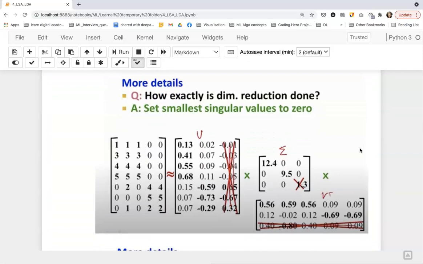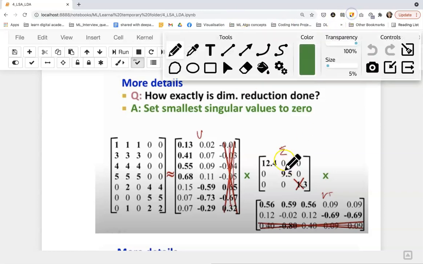Okay, so how exactly are the dimensions getting reduced here? As we see in the singular matrix, this is 1.3, so we can neglect this one. We will neglect this complete column and this row. Similarly, over here this 1.3 denotes this concept, so we can neglect this one as well. And this 1.3 denotes in the VT matrix this concept, so we can neglect this as well.